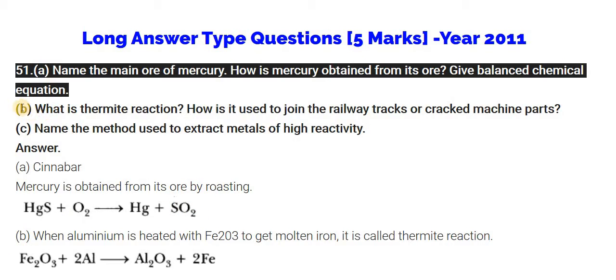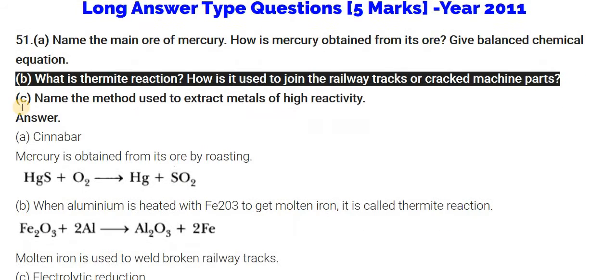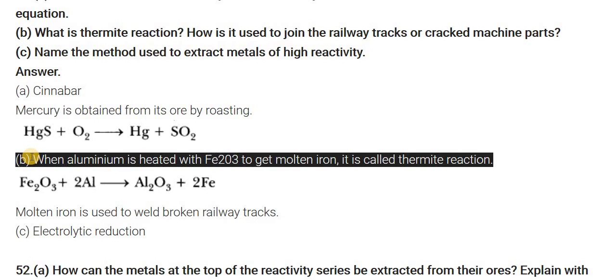Now the B question: what is a Thermit reaction and how is it used for joining railway tracks and cracked machine parts? When aluminium is heated with Fe2O3, the iron oxide, to get molten iron, it is called the Thermit reaction.